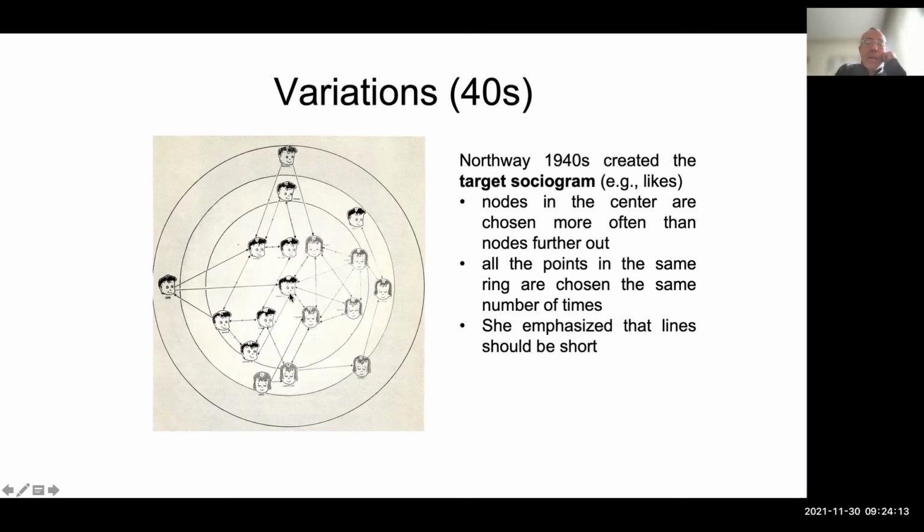This is the person that got most of the likes, and let's go toward the border. You go to people having fewer and fewer likes, and people staying on the same ring have been targeted the same number of times.